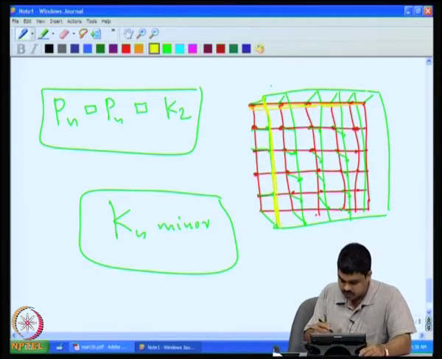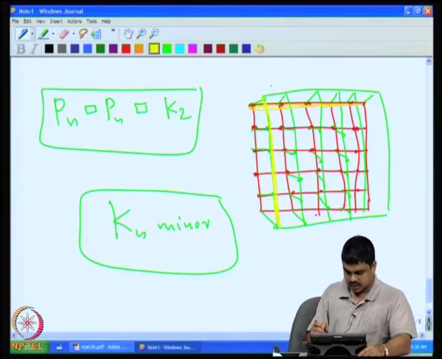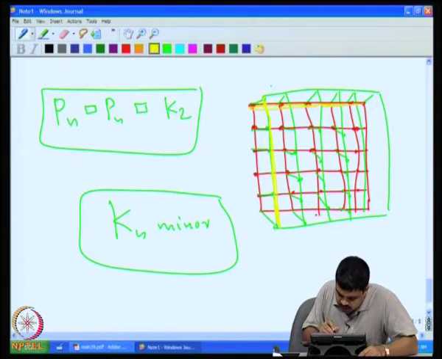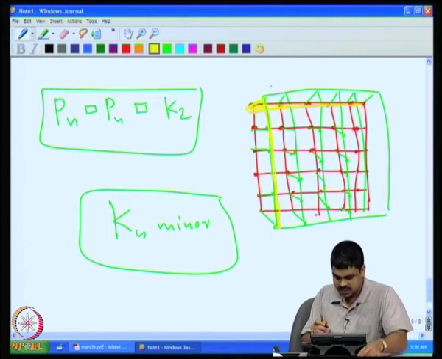So, the first row of the green grid and the first column of the red grid. You see that this row is connected here, this column is connected here, and also because of this edge, this entire thing forms a path. So, up to here it can come, and then now it can jump here, and then this is a full path. This is a connected set.